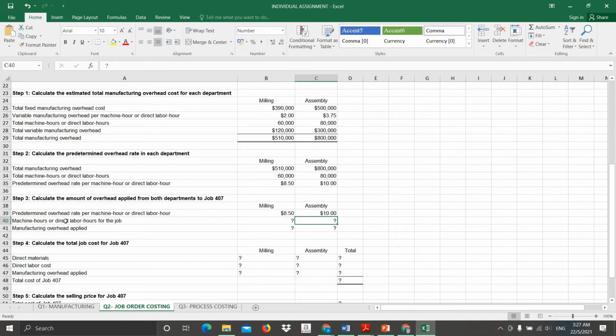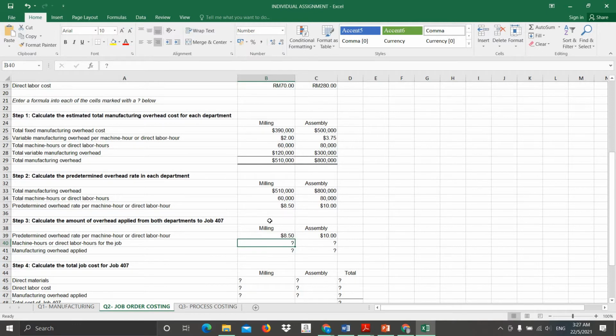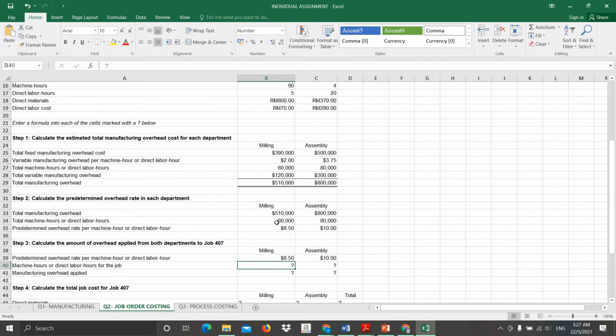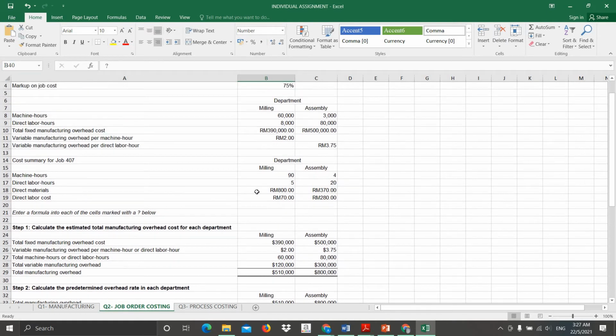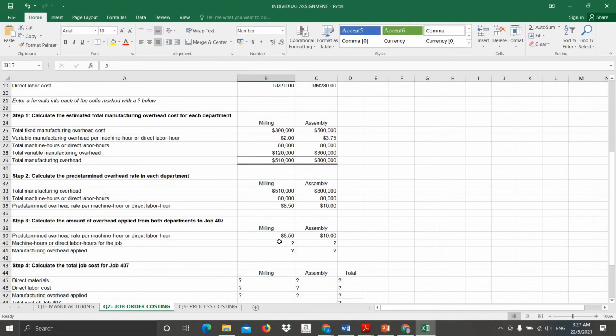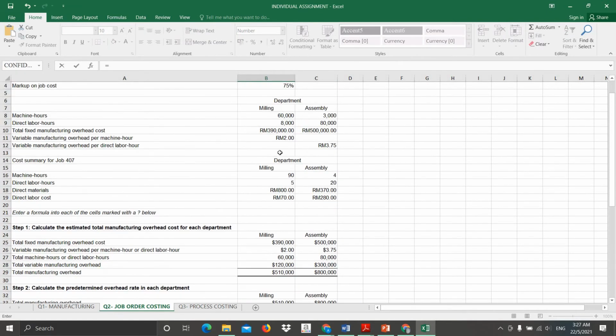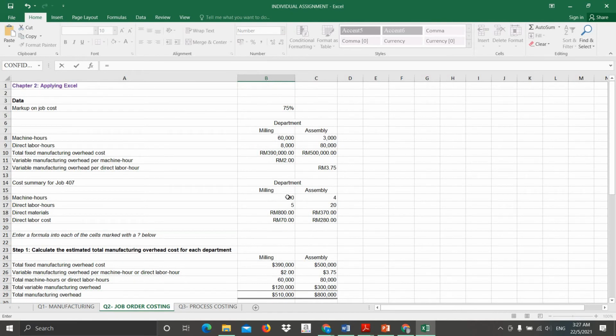And machine hours for the job for milling department, for the job 407, we can get it from here.